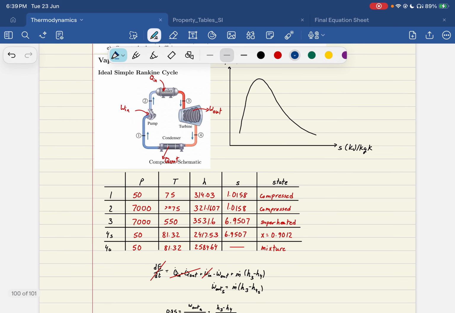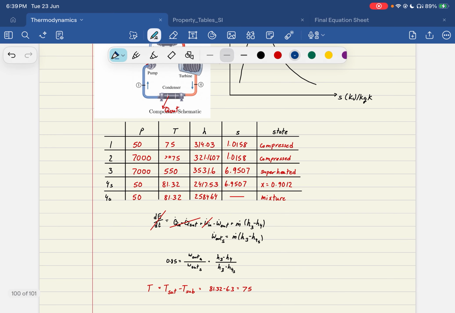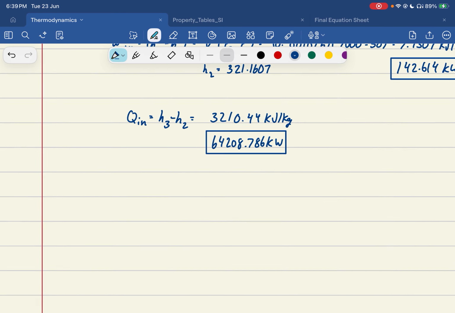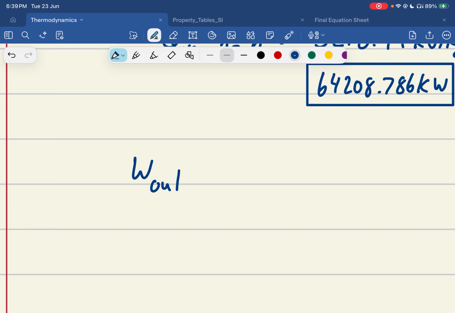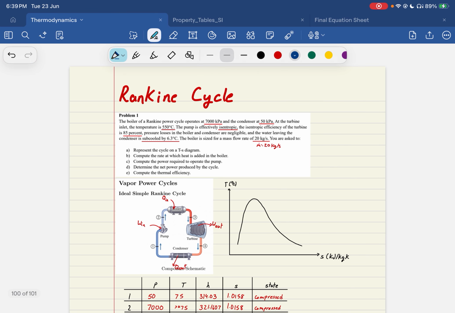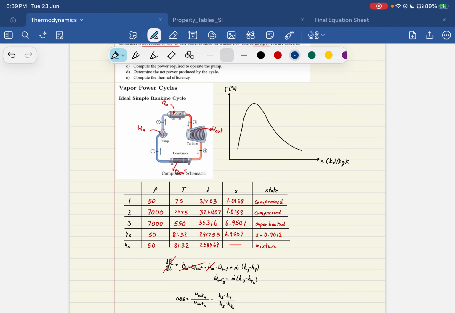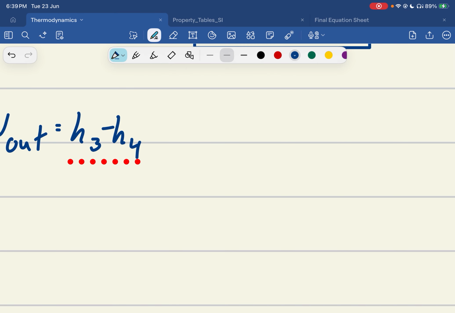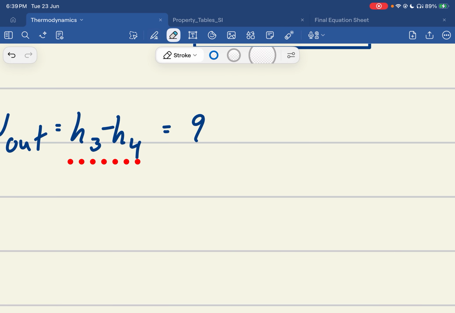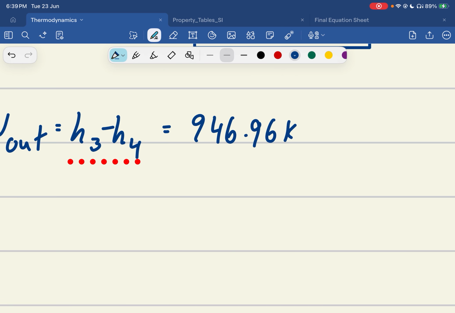Work out is going to be h3 minus h4, which is 2584.64 equals 946.96 kilojoules per kilogram times 20. It's going to be 18939.2 kilowatts.